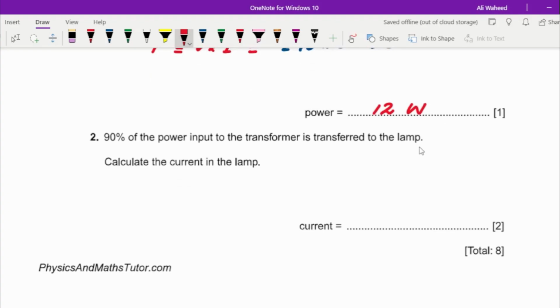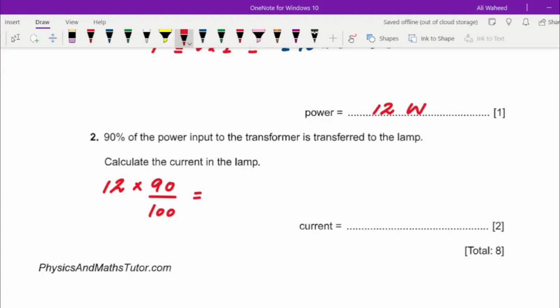90% of the power input to the transformer is transferred to the lamp. Calculate the current in the lamp. So what is the output power? We can first calculate the output power. We can find what 90% of 12 is. This will give us the output power.